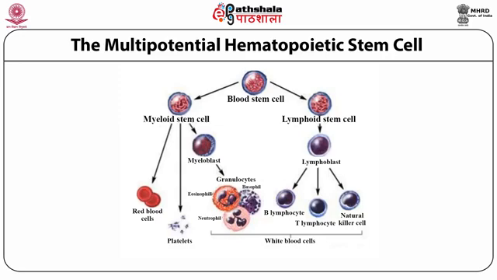The lymphoid stem cells, on the other hand, give rise to the white blood cells, which include not only the B lymphocytes and the T lymphocytes, which mediate the cellular immunity. Also, the natural killer cells arise from this lymphoid stem cell.